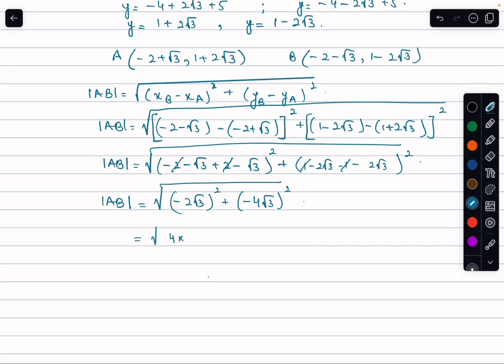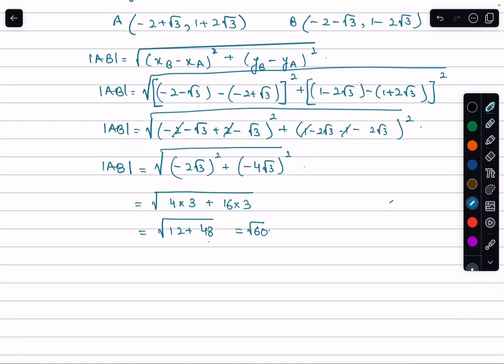Root 3 into root 3 is just 3, plus 16 times 3, and my answer is going to be 12 plus 48, or I can say that my answer is root 60. Or solving it further, I can just take the LCM of 60 if I want to give it in proper surd form.